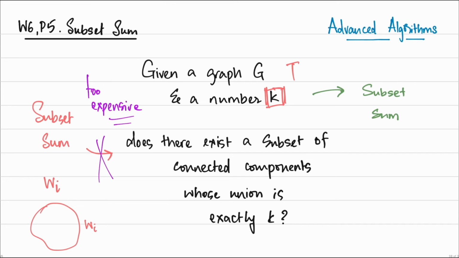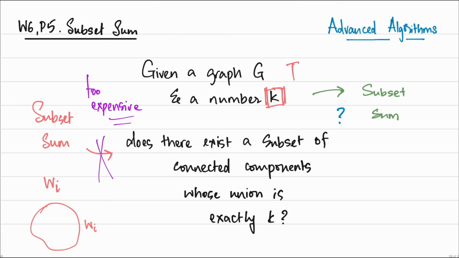Now, what about this other reduction here where we said we will reduce to subset sum? That seemed like a valid reduction but not very useful because we seem to be reducing to a hard problem. However, notice that the instance of subset sum that we generate from this graph instance is actually an instance where all the numbers are bounded by n, which is the size of the graph that we are starting with.